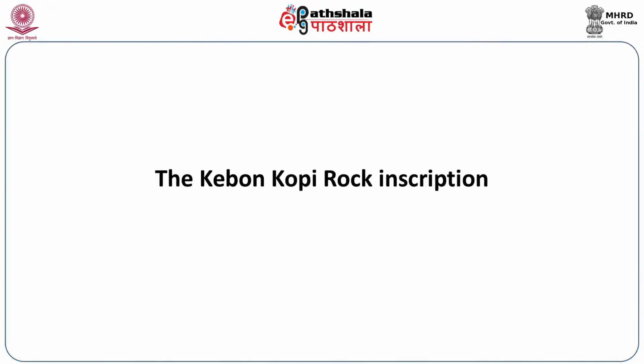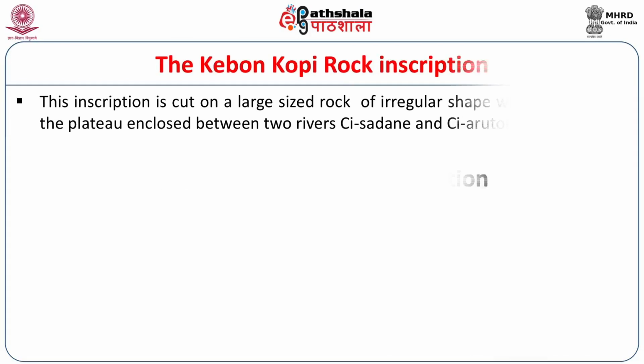The third inscription is the Kebon Kopi rock inscription. This is also near Sioruton. It is cut on a large sized rock of irregular shape, which is found on the plateau enclosed between two rivers, Sisadane and Sioruton.